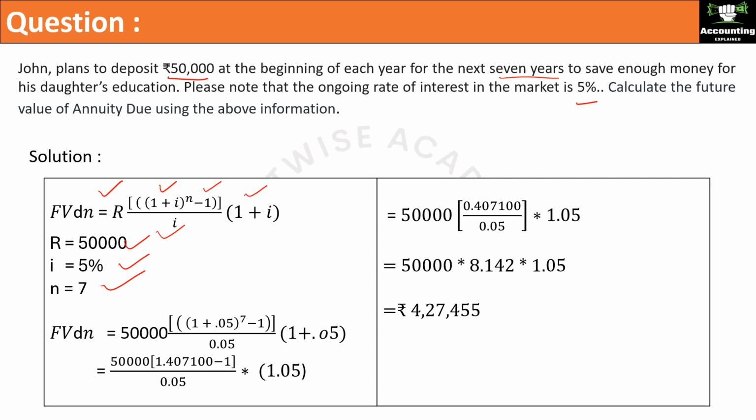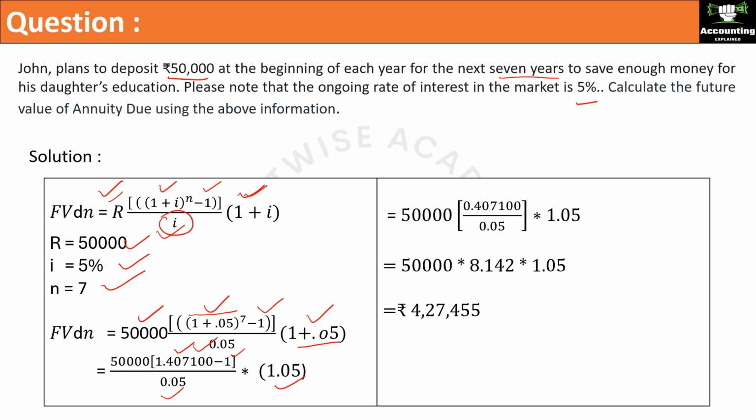So FVDN is equal to 50,000 into (1 plus 0.05) to the whole power 7 minus 1, divided by 0.05, into (1 plus 0.05). Next step, we find 1.05 to the whole power 7. 50,000 into 1.407100 minus 1, divided by 0.05, into 1.05.